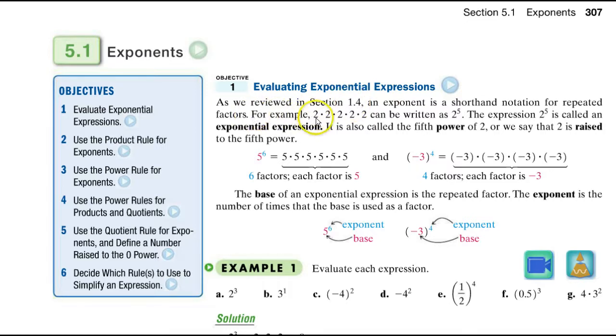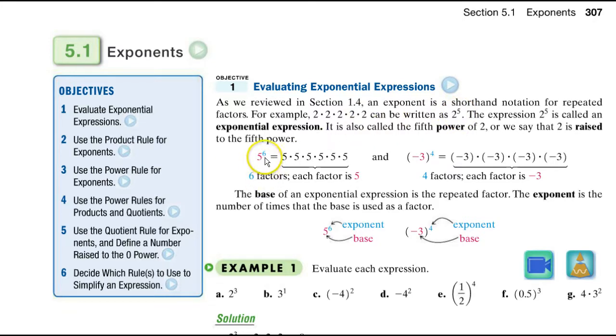If we take a factor 2 and multiply it by itself 5 times, a shorthand notation for this is to write it in exponential notation, where 2 is the base and 5 is the number of times it's multiplied by itself, and it's referred to as an exponent.